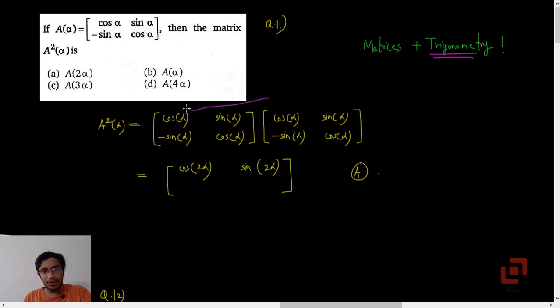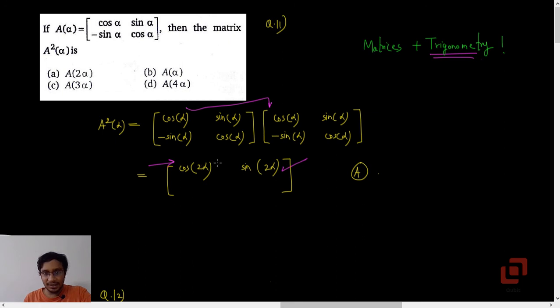It will be cos alpha into cos alpha plus sin alpha into minus sin alpha, which is cos squared alpha minus sin squared alpha, cos 2 alpha. Second one, cos into sin plus sin into cos, so that is 2 sin alpha cos alpha, that is sin 2 alpha.